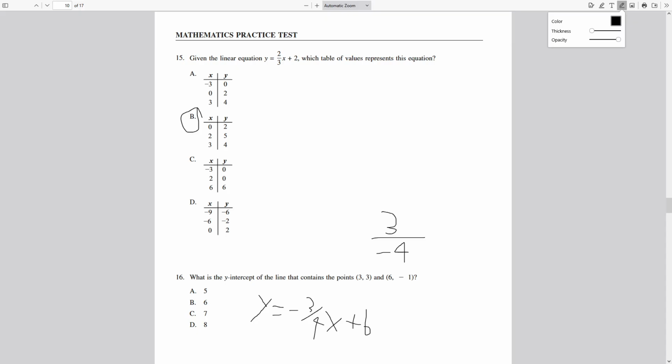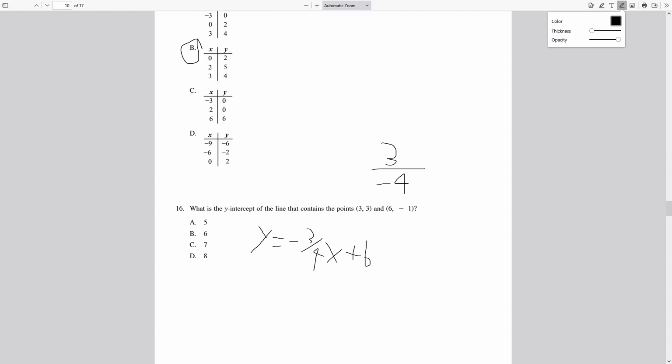Right? No. I'm doing this wrong. I'm doing this all wrong, I think. Yeah, I'm totally doing this wrong.